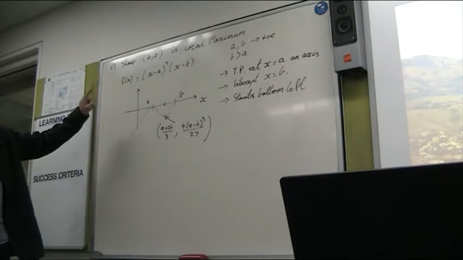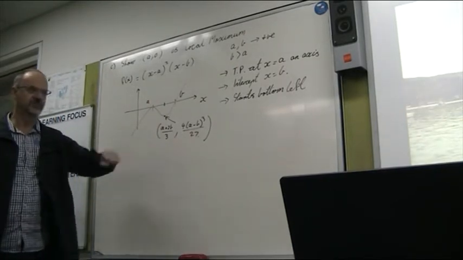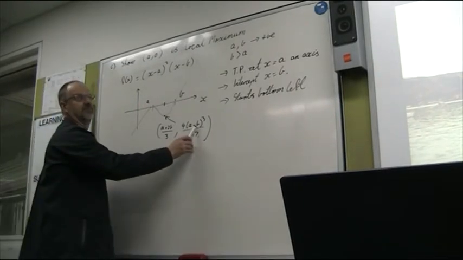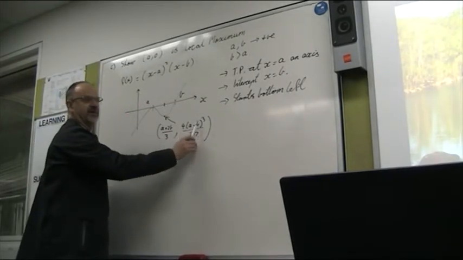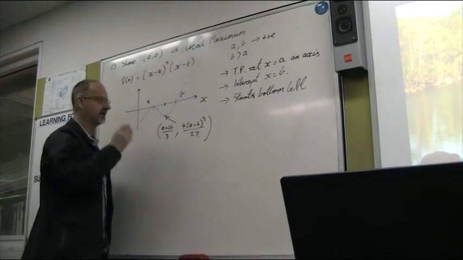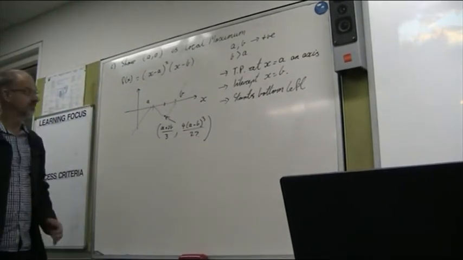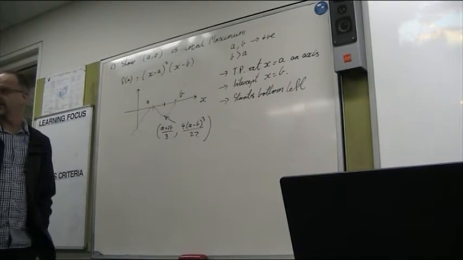I know they didn't ask you to show that, but I'll open that anyway. Now remember, B is bigger than A, so this bit here is going to be negative, and when you cube a negative, you still get a negative. So it's going to be down there. Yes?